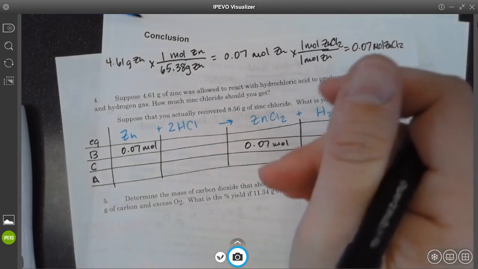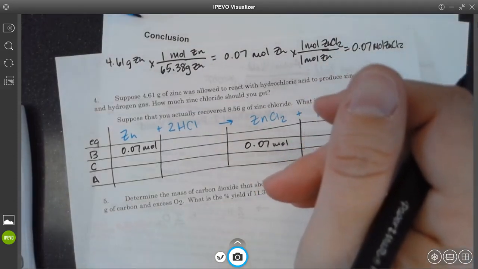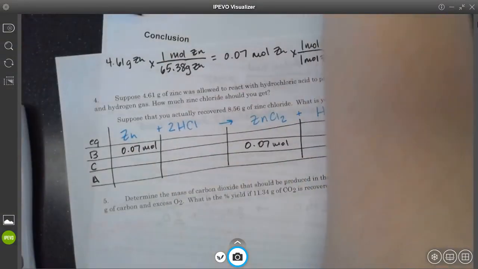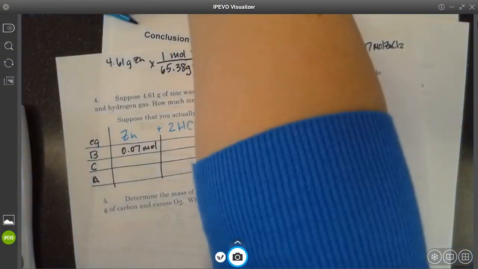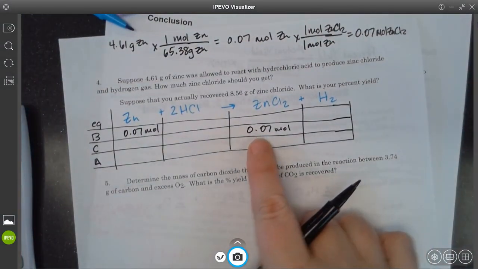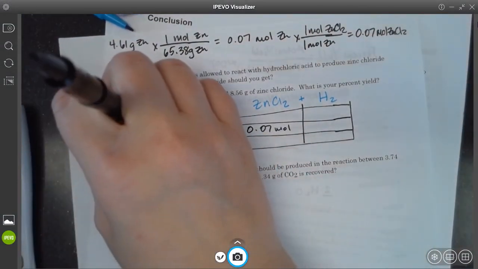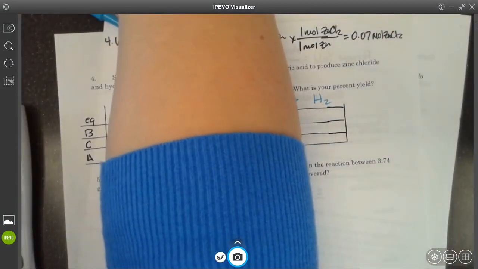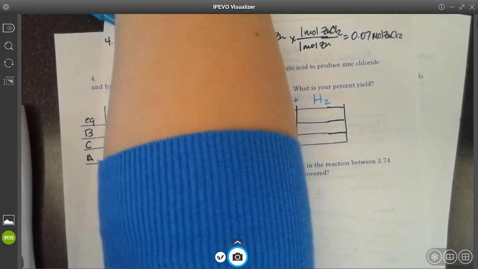Why did you use 2? So what I did was I got this up here. Since it's a ratio, that times that is for 1. Since this has 2 in front of it, this times 2 is that. This is also going to be 0.14 because you're going to use them in a 1-to-2 ratio.